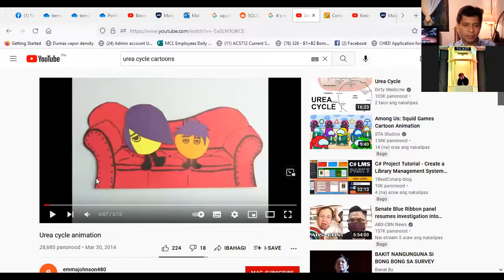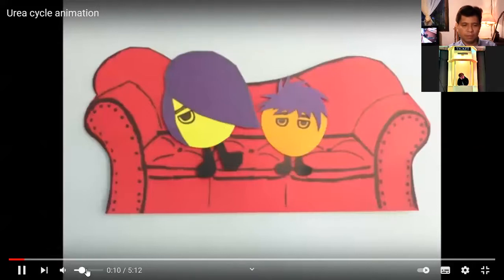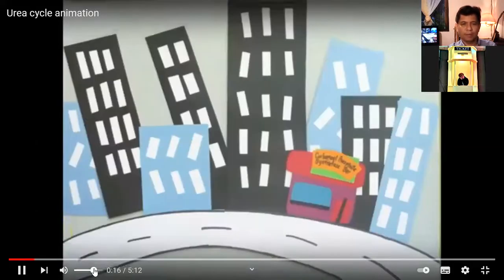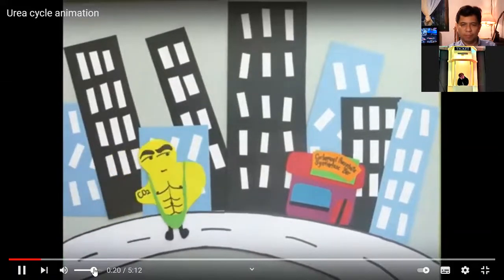Okay, so this is the urea cycle animation. Story. I could take you back many years to when a very young and naive carbon dioxide decided to go to his favorite bar to pick up an ammonia. So here's a little carbon dioxide, and he likes to hang out in the mitochondrial city.